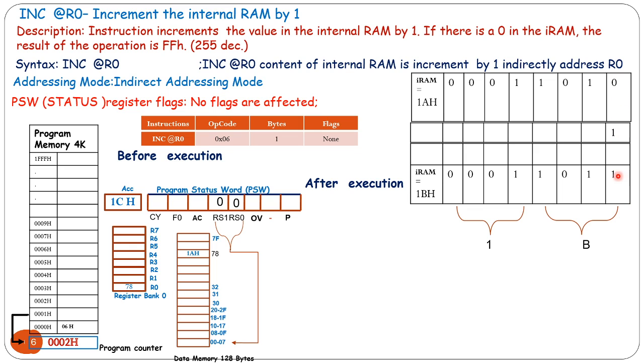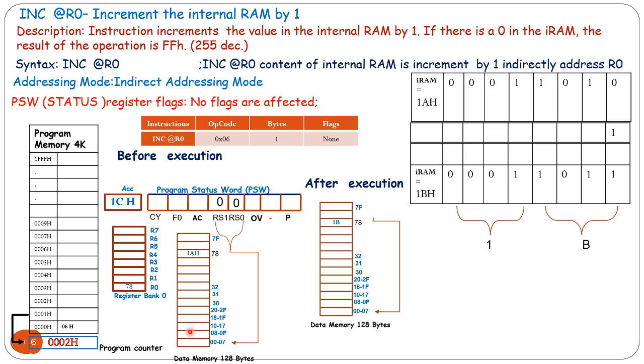So this 1 plus 1 will be 1, and the rest is as it is, B. So the content of random access memory address 78 now becomes 1BH. Previously it was 1AH, and when executed it is 1BH. So in this way, the increment instruction increments the value of random access memory whose address is pointed by the R0 register.